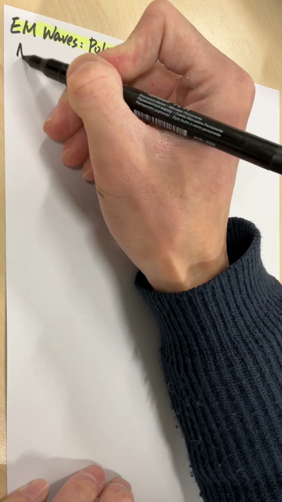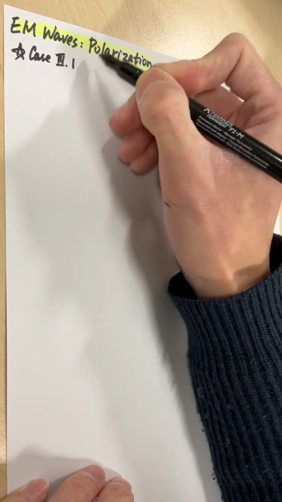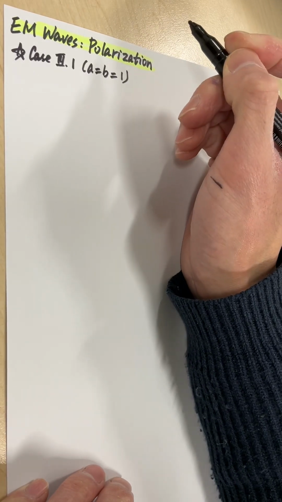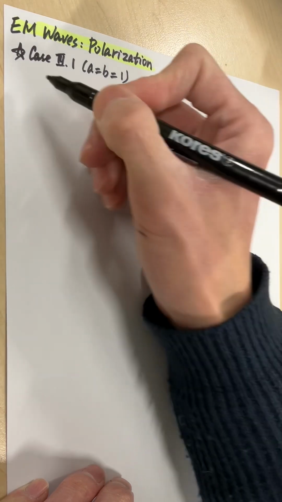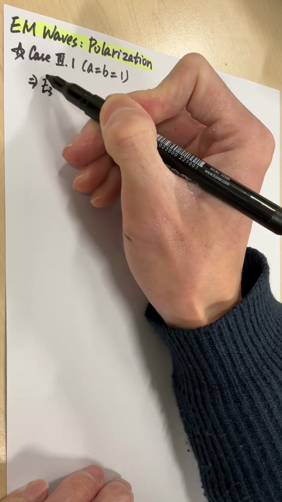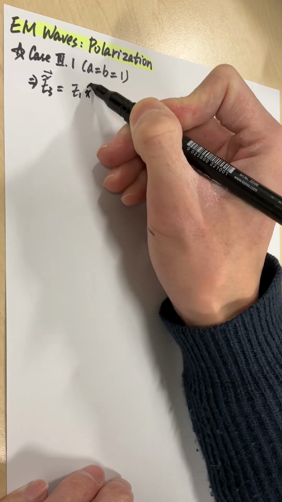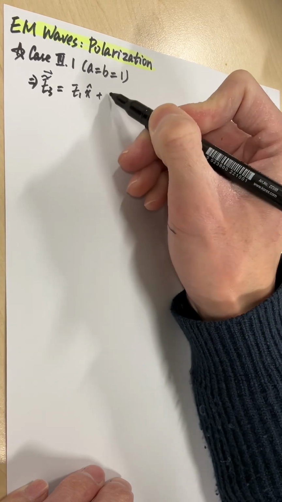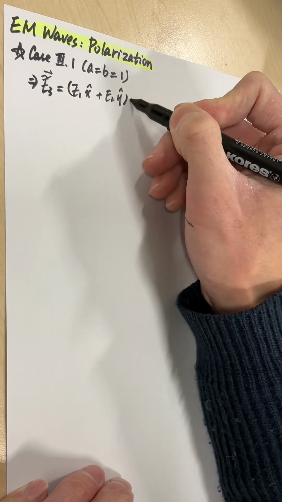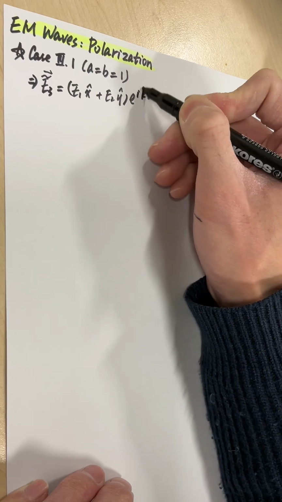So I have case 3.1, where we have A equals B equals 1. For this case, we have E3 equals E1 x direction plus E2 y direction, and then e^(i(kappa z minus omega t)).